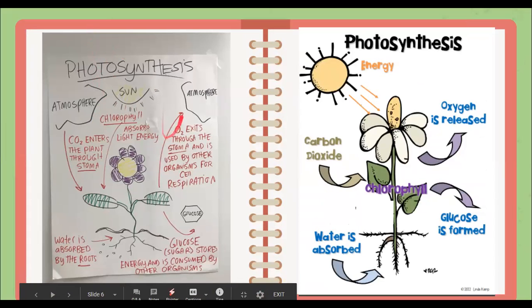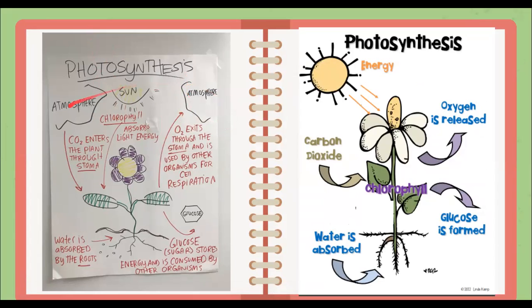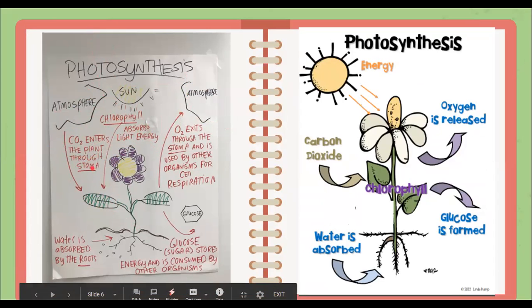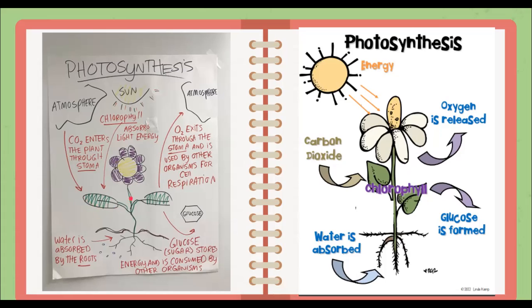Photosynthesis. In this picture, you can see this is the atmosphere and the sun is shining on the flower. Chlorophyll absorbs light energy, and the carbon dioxide enters the plant through the stoma. This is the stoma. The stoma is the under part of the leaf.